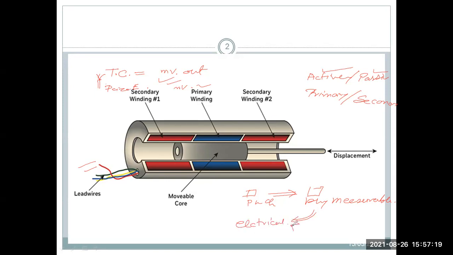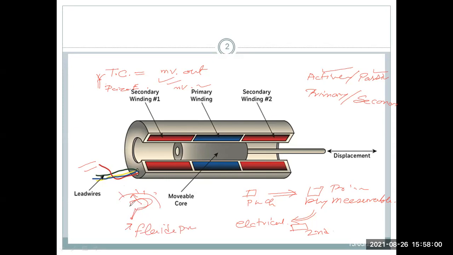Then this transducer is called secondary and this is the primary. Okay, we are going for an example. Just a pressure measurement device, this is a bourdon tube. It is just measuring the air pressure or the fluid pressure, converted into another scale division, that is also a physical quantity, not any electrical quantity.